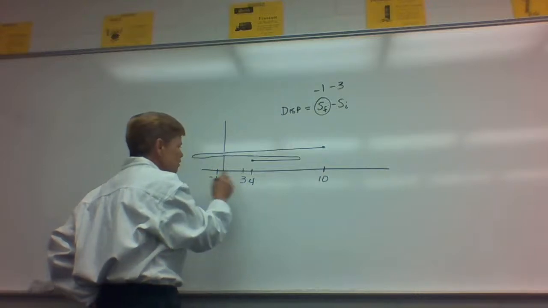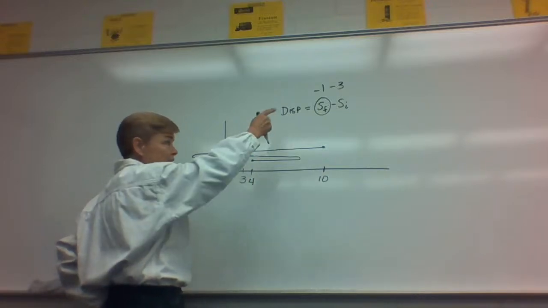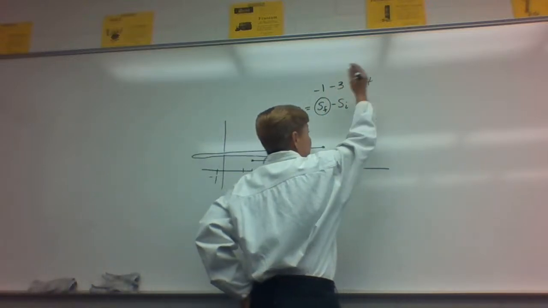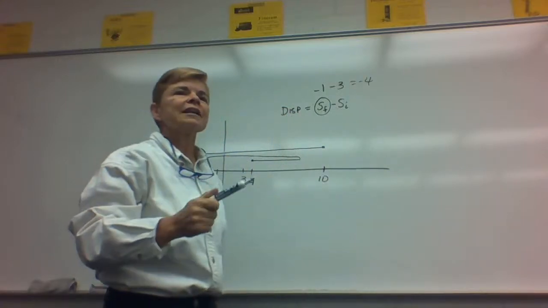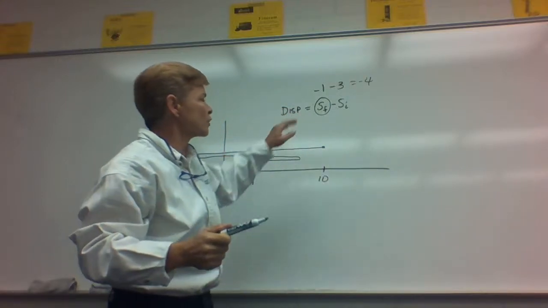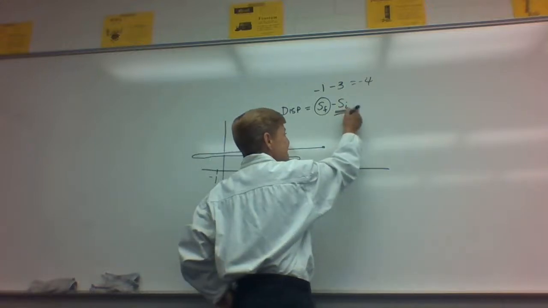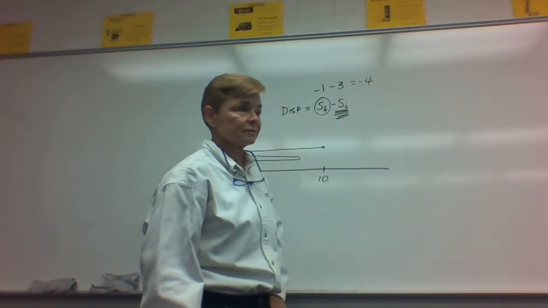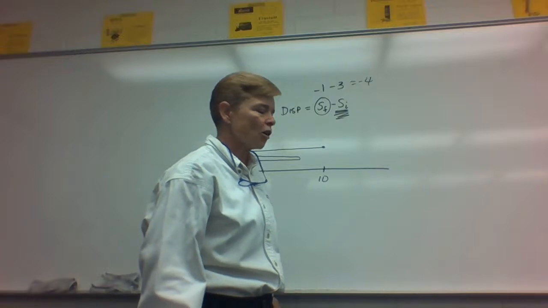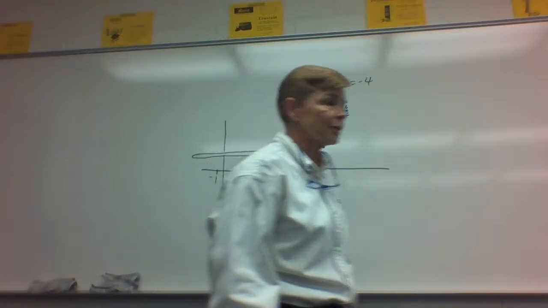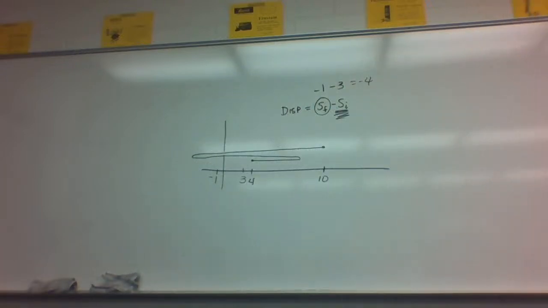Where did it land from where it started? 4 units to the left. Its displacement is negative 4, whether you think of it on a number line or whether you remember this formula. But don't forget to calculate this as well. That's the biggest mistake. Everybody assumes all things start at 0. They don't. Most of the time they don't. Sometimes it does.